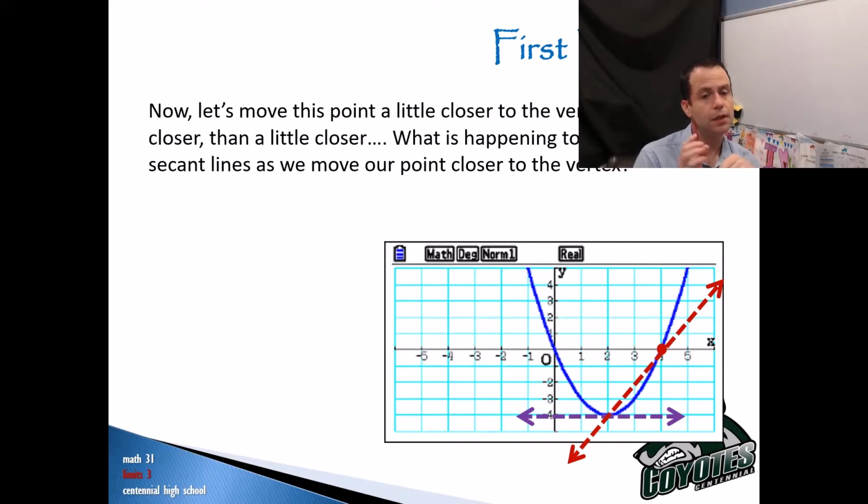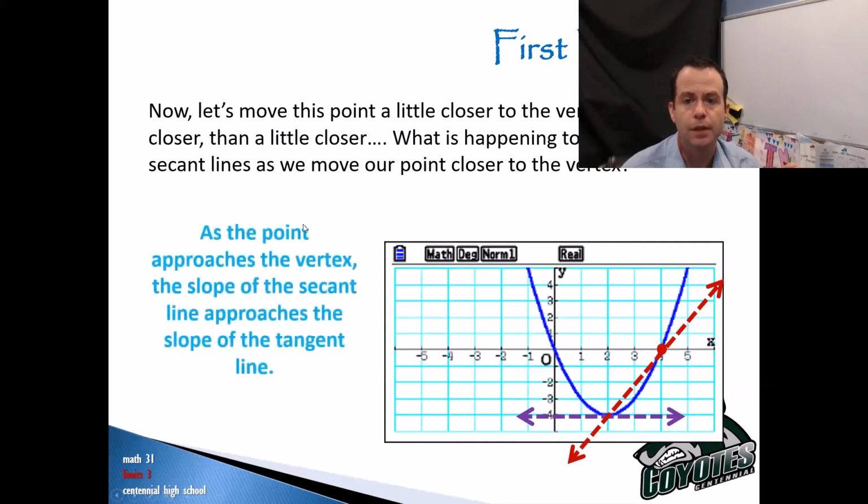Now, think about the last 2 days that we've had. As soon as I say the word approach, your brain is starting to churn and you're thinking, when I approach something, that's calculating the limit of something, right? Interesting. So at this point, as the point approaches the vertex, the slope of the secant line approaches the slope of the tangent line.